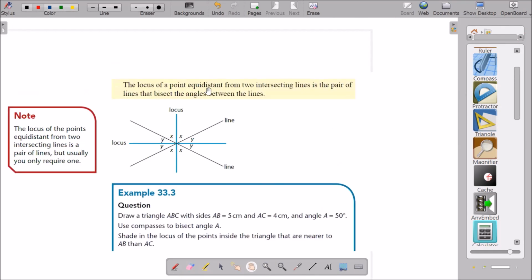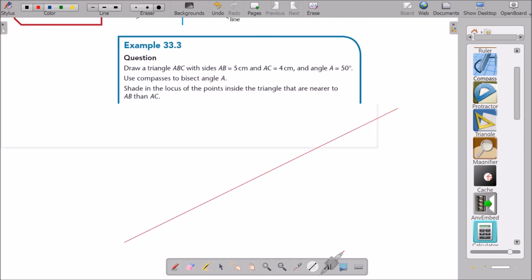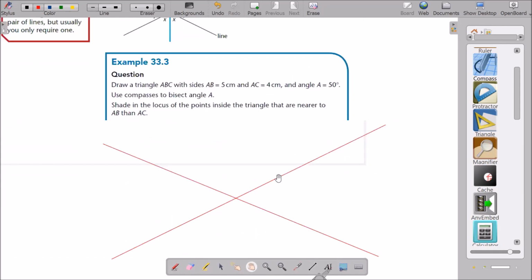The locus of a point equidistant from 2 intersecting lines is a pair of lines that bisect the angle between the lines. So if we are given 2 intersecting lines and we want to find the locus of points that are equidistant from these lines, the set of points that are an equal distance from these lines, we bisect the angles.